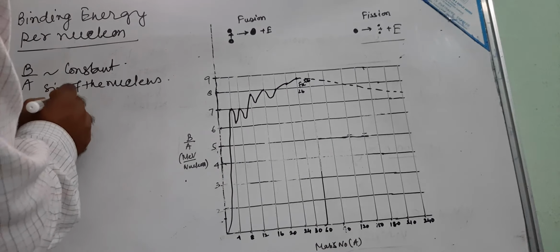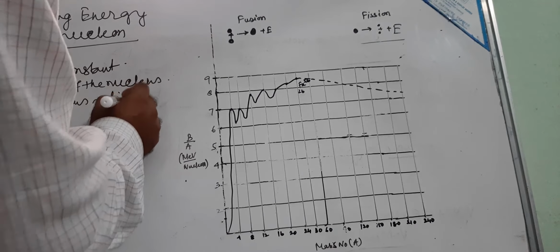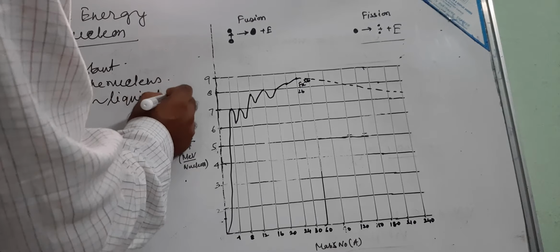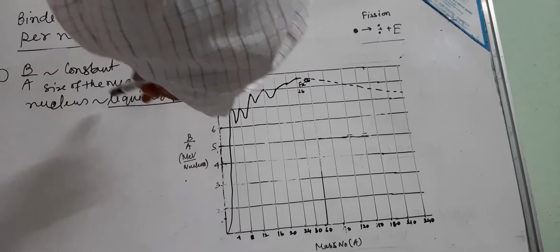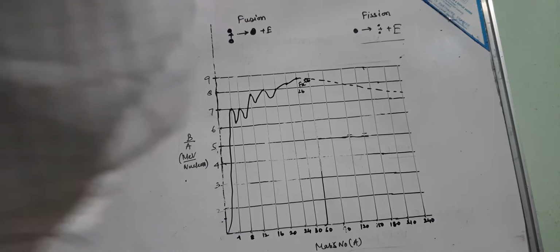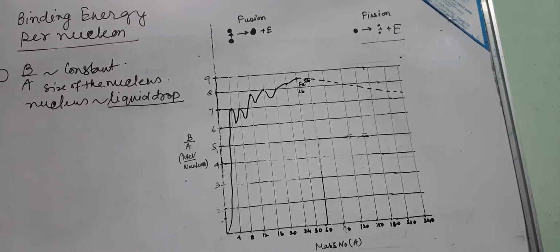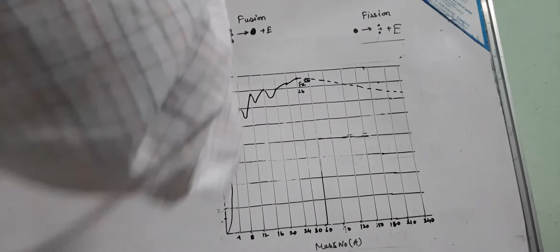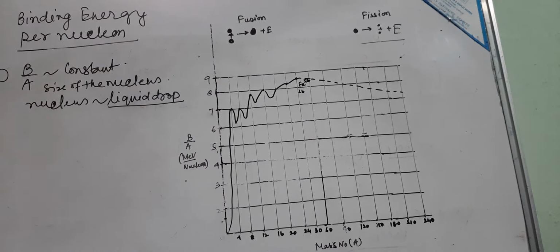Any mathematical derivation that we do, we will always consider the nucleus as a liquid drop, because this idea has come from this only. If we plot the binding energy per nucleon versus the mass number, it remains constant and independent of the size of the nucleus.